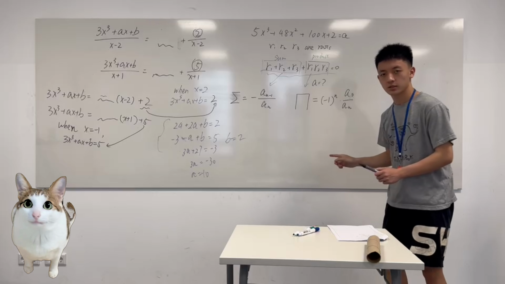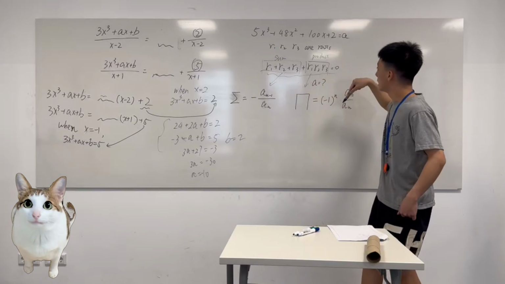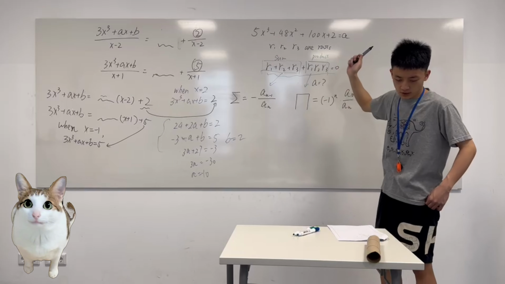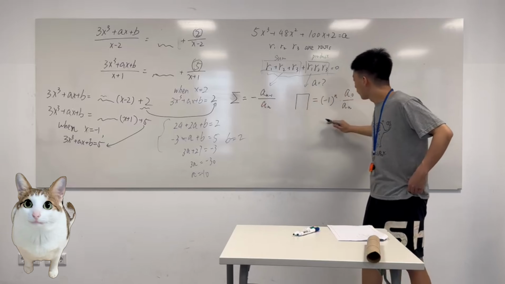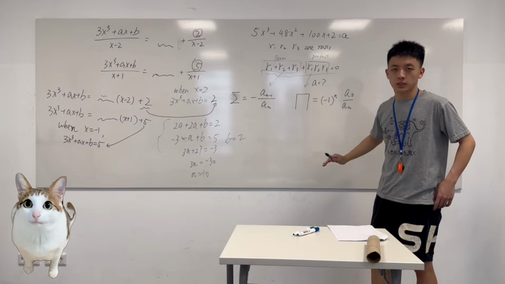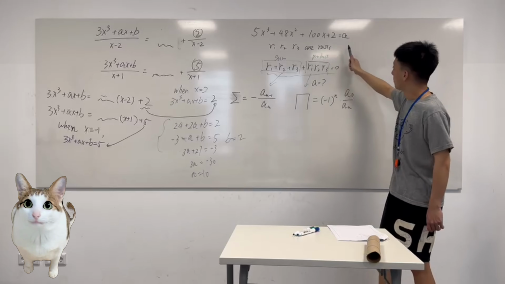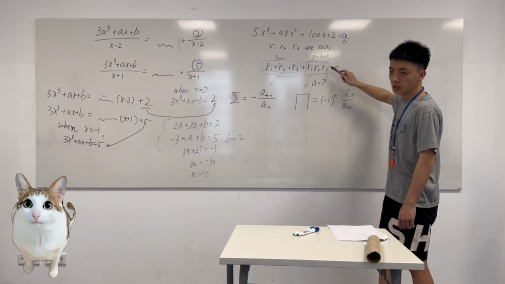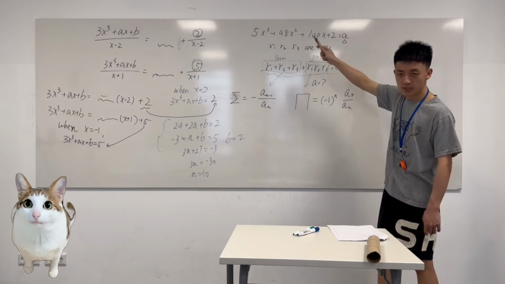But guys, before you try to put everything into the formula, let's check the equation. When we use these two formulas, we have to make sure that the equation is like blah blah blah equal to 0. But guys, see here, there's an a on the right side, so we should move the a to the left side.